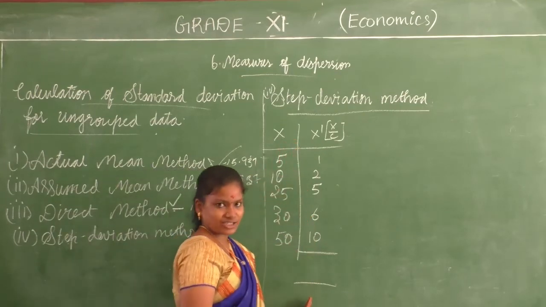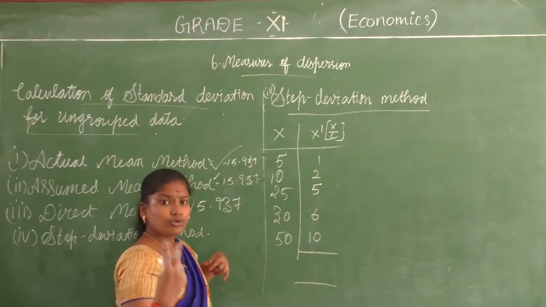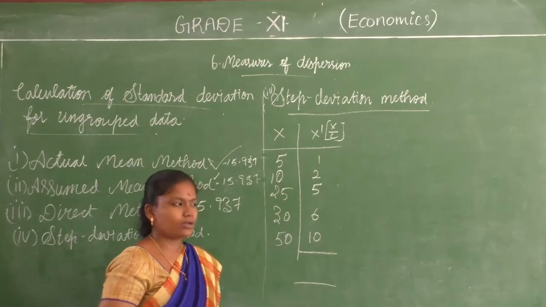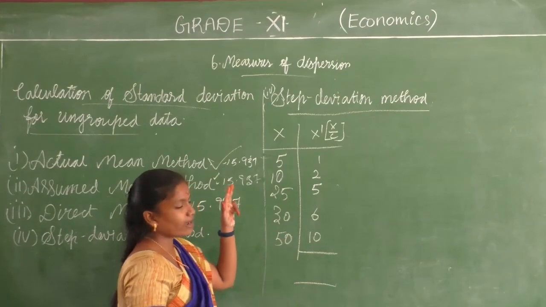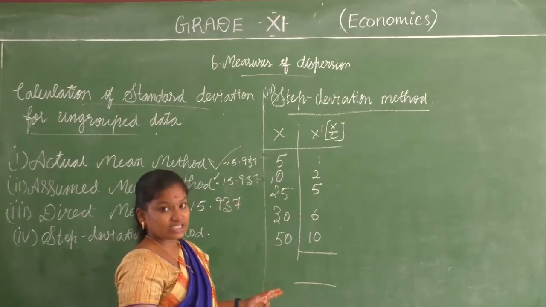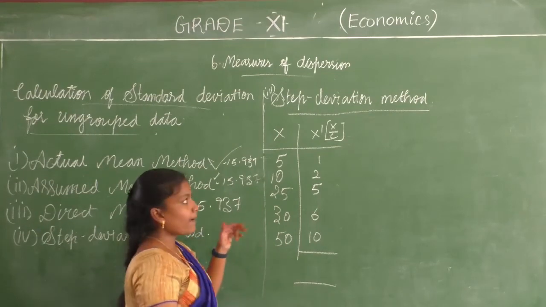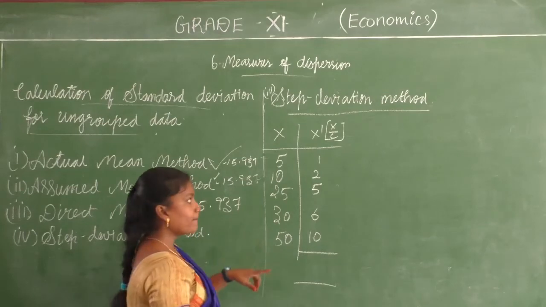This x dash. Actually, step deviation method itself has two different methods. Step deviation has two types of calculation. We are going to discuss the first type first, where we are going to find a value called x dash. What is it called? X dash. And how do you find it? X by c. You just do x by c.